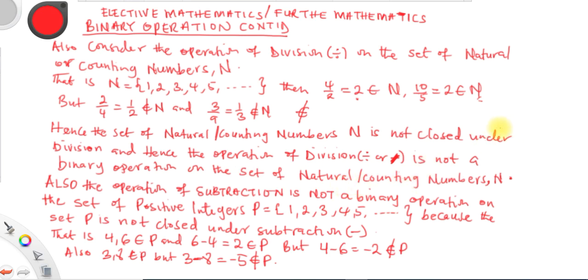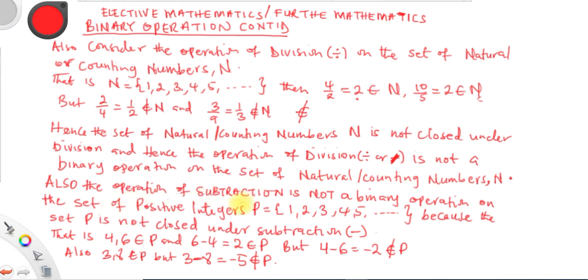So we have to know this: before any operation can be a binary operation on a particular set, that set must be closed under the operation.